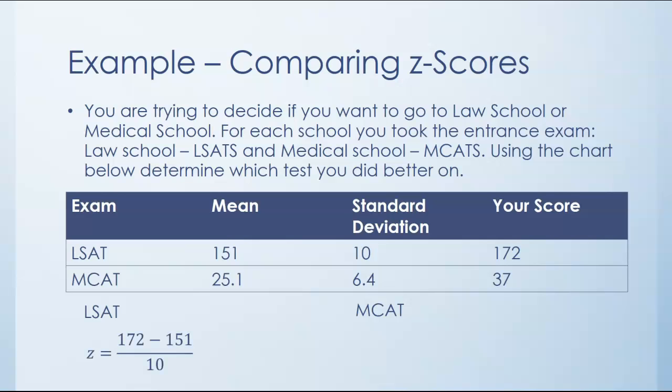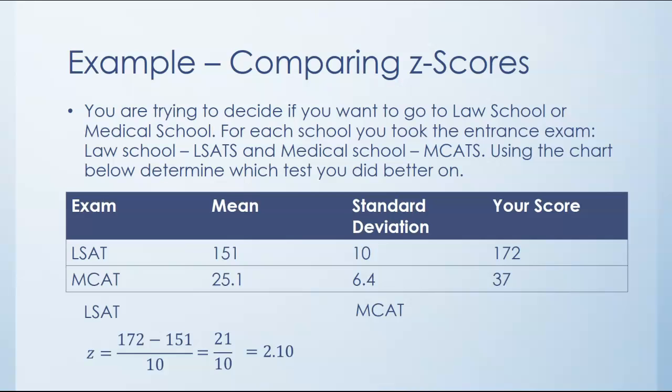Remember, it's the score, 172, minus the mean, 151, divided by the standard deviation, 10. We get 21 divided by 10, or a 2.10 z-score. That is a little over 2 standard deviations from the mean.